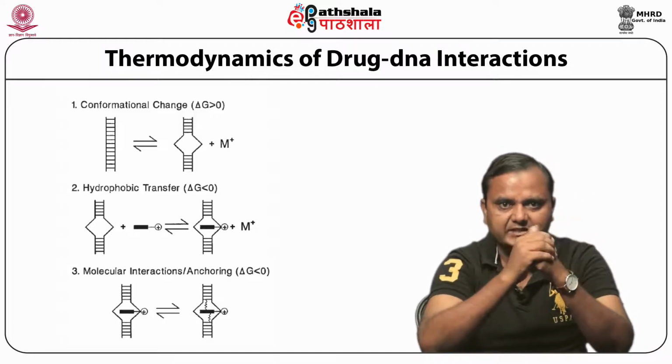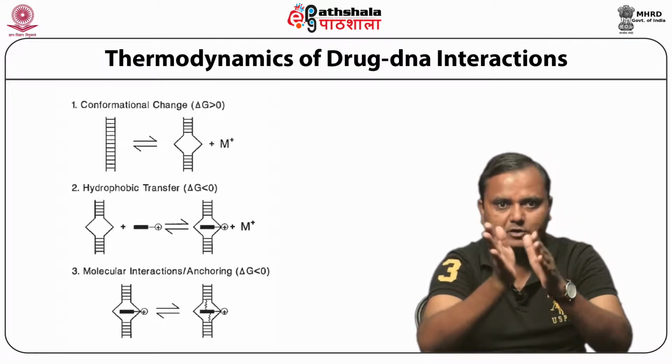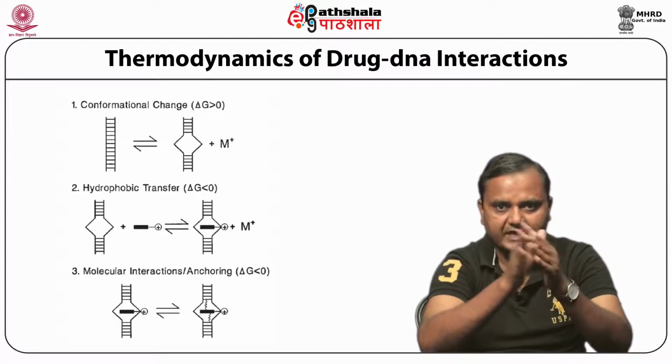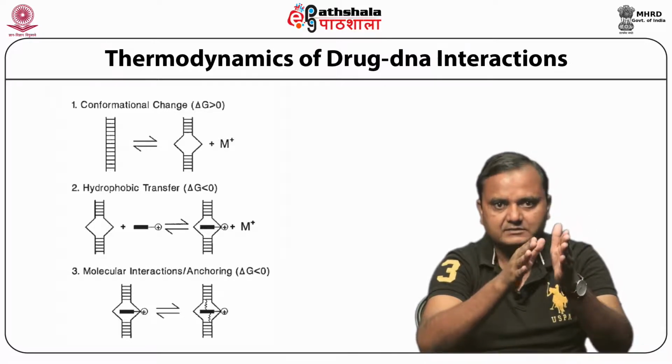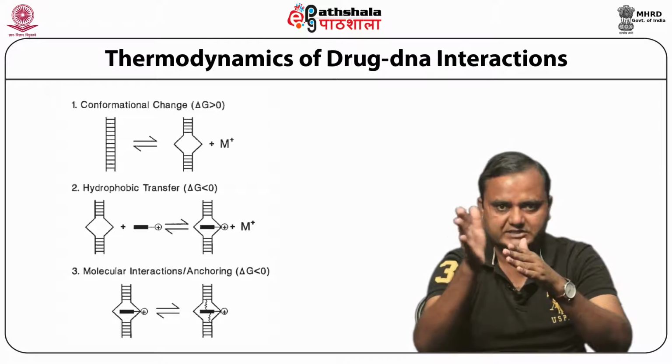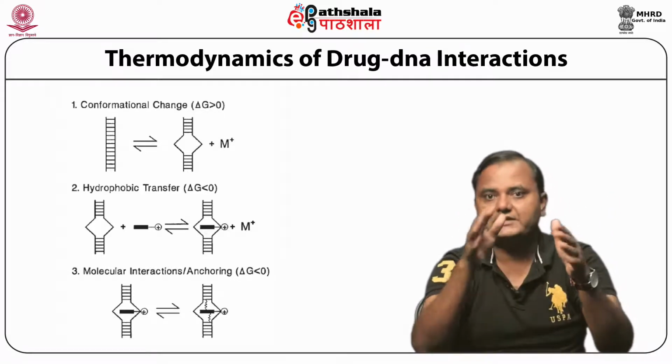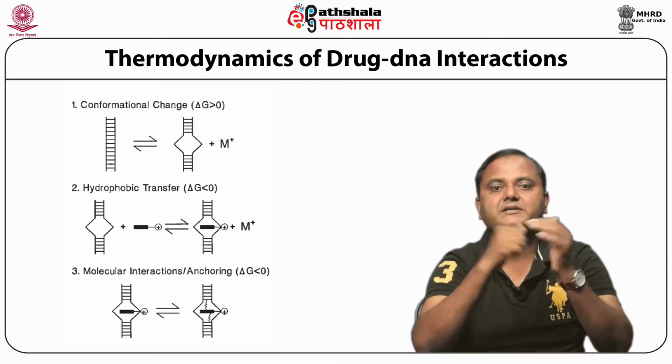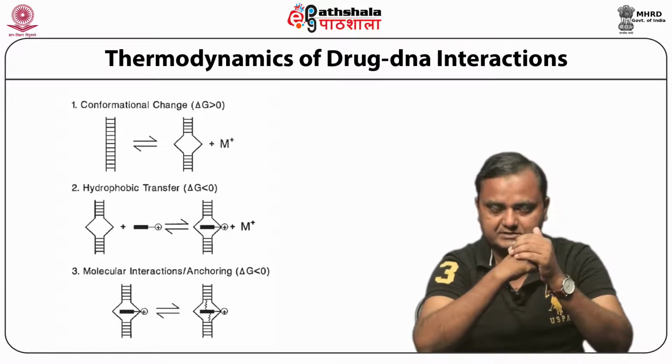The favorable enthalpy suggests that hydrogen bonding, van der Waals interactions and electrostatic interactions are the major driving force in such interaction. However, an entropically driven process is predominated by hydrophobic interactions.